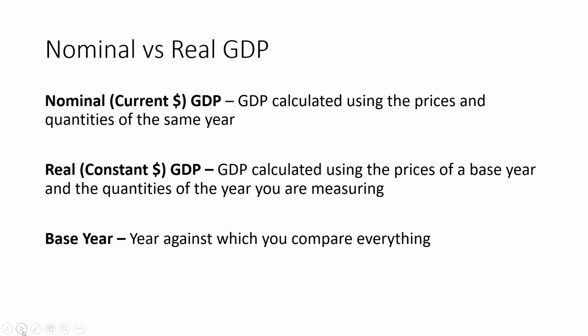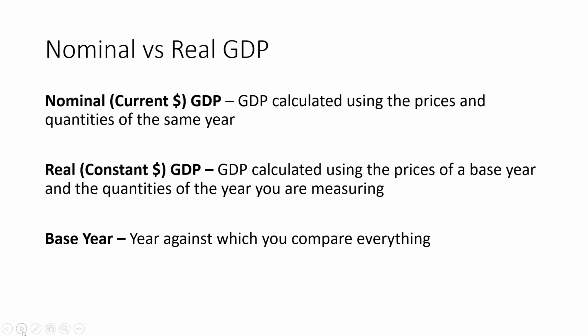Current dollar GDP, nominal GDP, is GDP calculated using the prices and the quantities of the same year. So if you wanted to calculate GDP for 2017, you would use the prices in 2017 and you multiply them by the quantities in 2017.